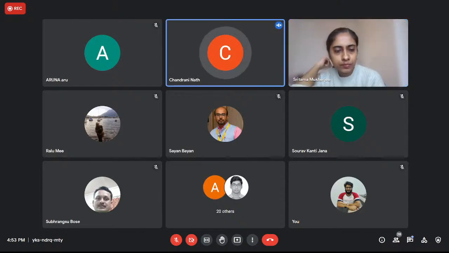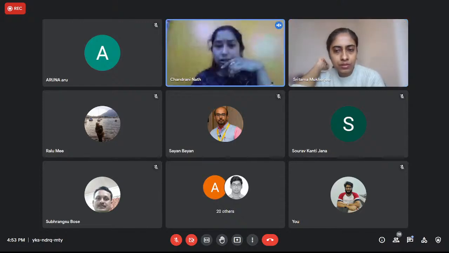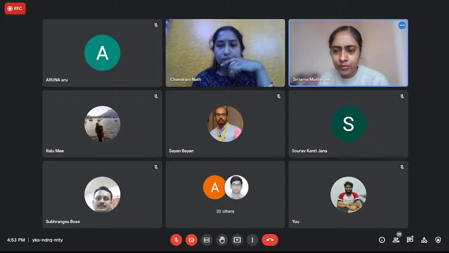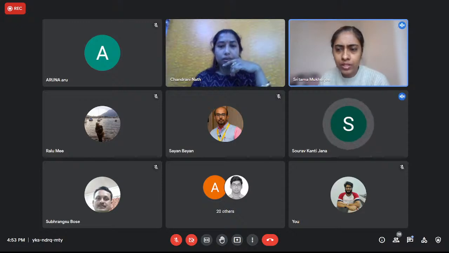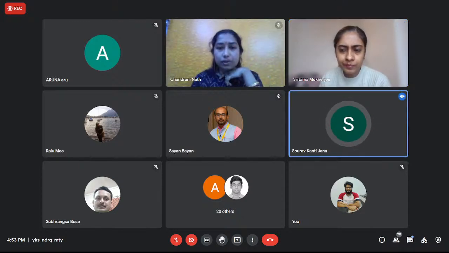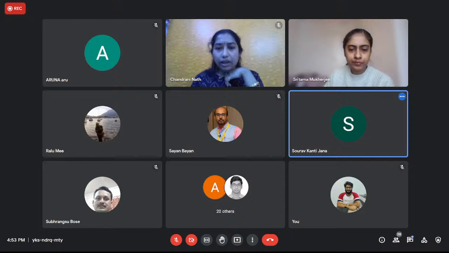I'm not getting the option to share. Saurabh, can you please help me with the sharing options? Present now, that upper arrow? If you click that once, your entire screen or a window.